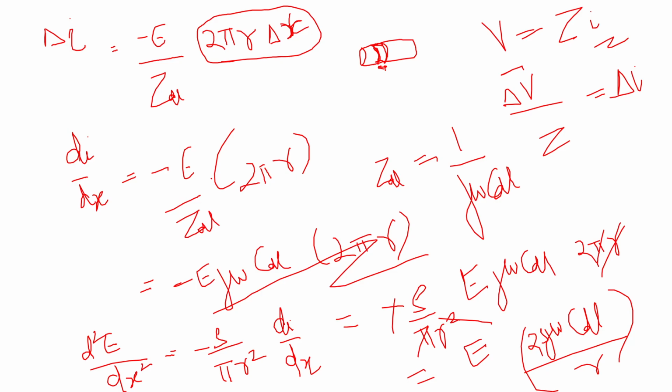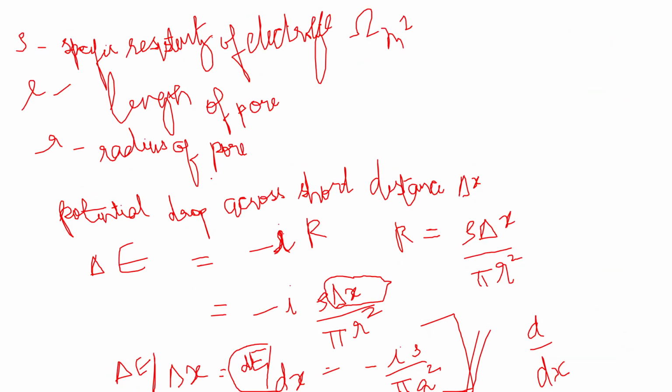You need to have only one variable, that is I. Here you see you have dI by dx as a function of E and dE by dx as a function of I.